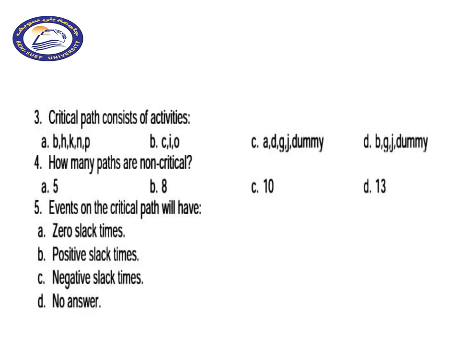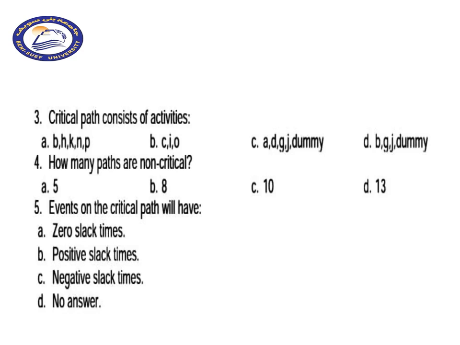The third question. Critical path consists of activities, like we said, A, D, G, J, dummy, the one with the longest duration. How many paths are non-critical? The answer is number D, but not only 13, it's more than 13.